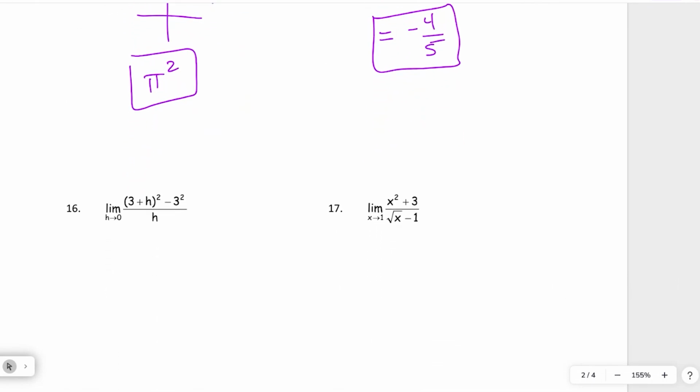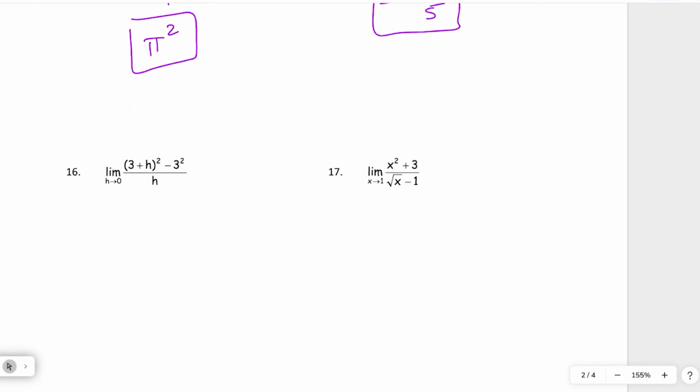Number 16. Ooh, this is going to look a little familiar after Unit 1, but we can still handle this. We want the limit as h approaches 0 for this function. Can't just do direct substitution here, so we are going to have to do a little bit of algebraic manipulation.